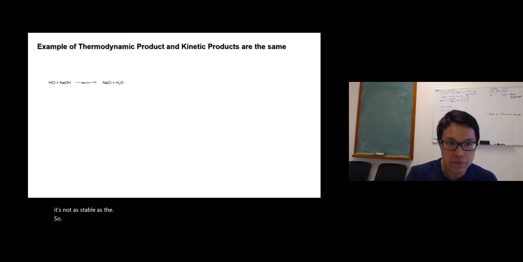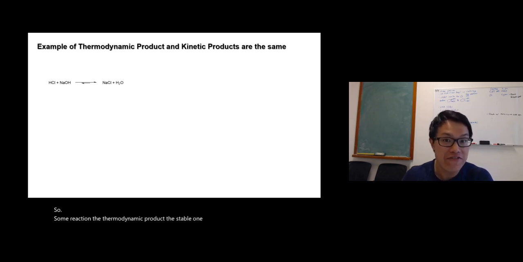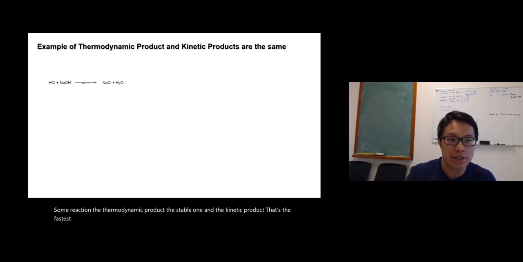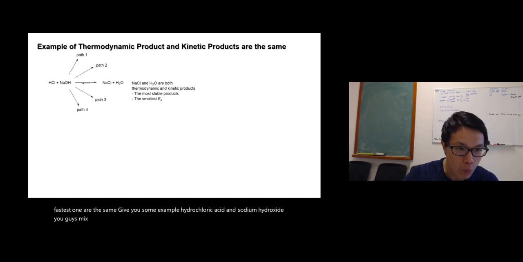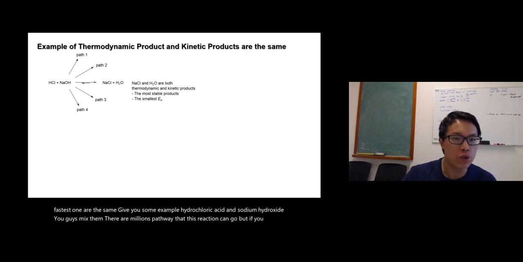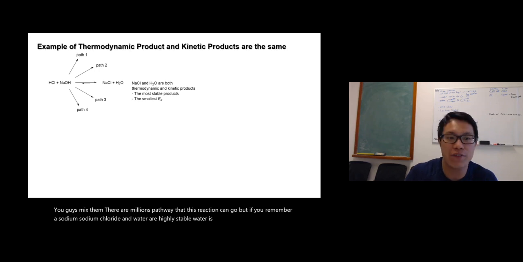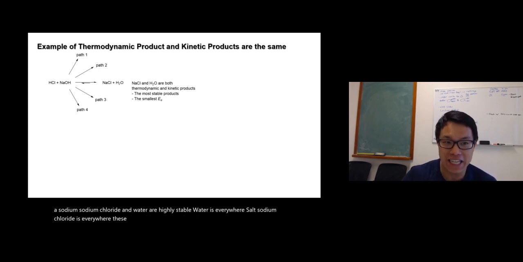In some reactions, the thermodynamic product, the stable one, and the kinetic product, the fastest one, are the same. Let me give you an example: hydrochloric acid and sodium hydroxide. When you mix them, there are millions of pathways this reaction can go. But if you remember, sodium chloride and water are highly stable. Water is everywhere, sodium chloride is everywhere. These two products are highly stable.